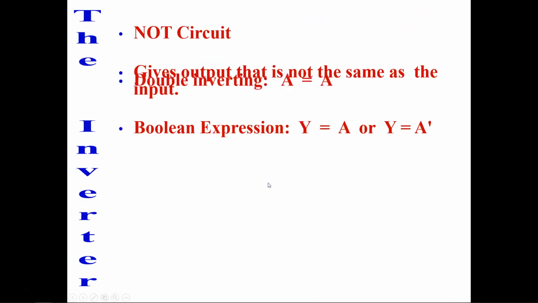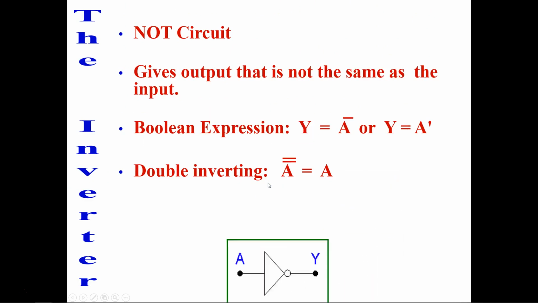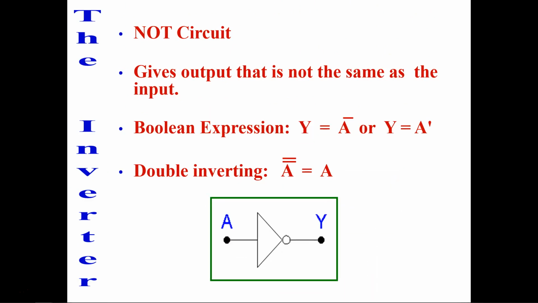Now next is the inverter, or the other name of this type of logic gate is the NOT gate. The NOT circuit gives the output that is not the same as the input. So you see this symbol over here. This is the symbol for the inverter, or you can say the NOT gate. You see there is a NOT here.